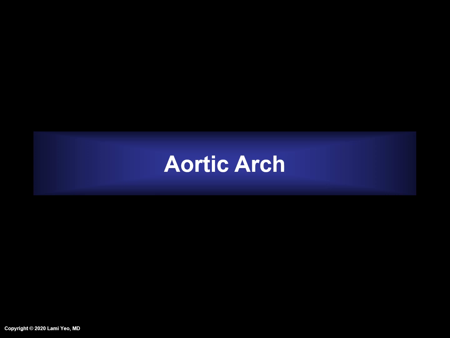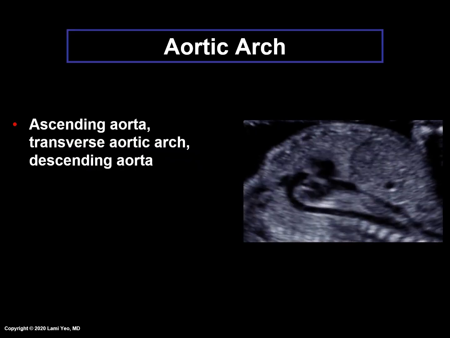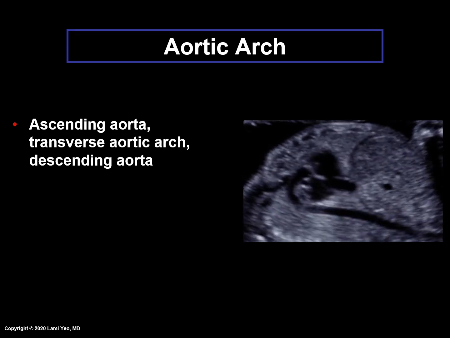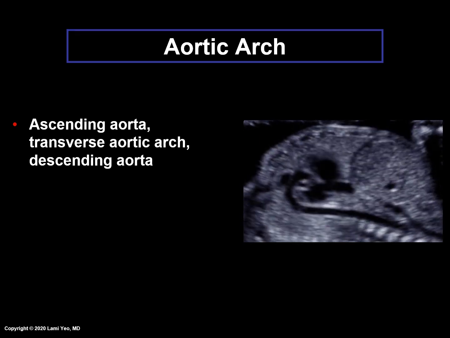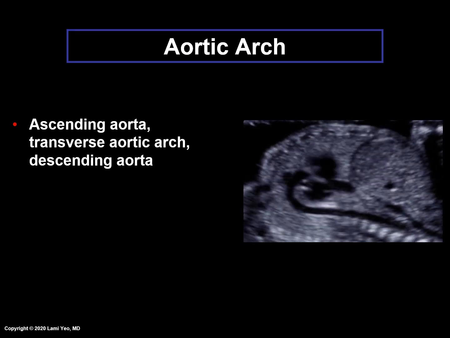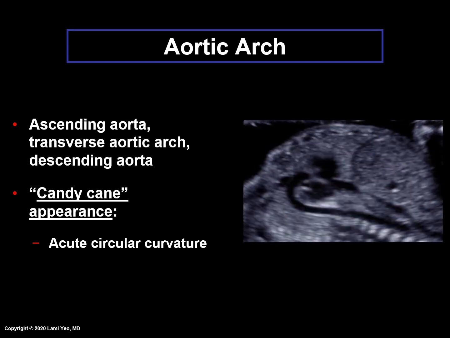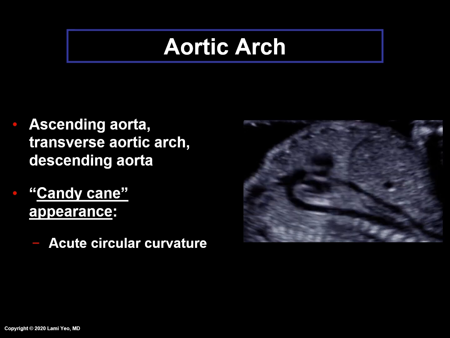Aortic arch. The left sagittal aortic arch is comprised of the ascending aorta, transverse aortic arch, and descending aorta. Since the aortic arch makes an acute circular curvature, it has a candy cane appearance.